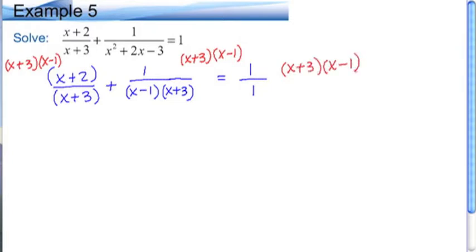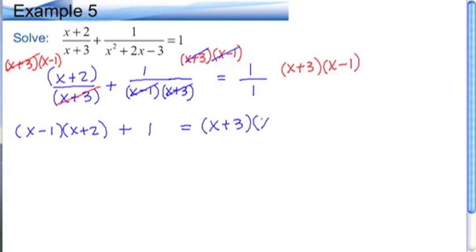Okay. Next, we want to simplify so that our denominators will disappear. This x plus 3 and this one cancel to 1, leaving us with x minus 1 times x plus 2. Plus, here, both of these cancel to 1, leaving us with just the positive 1. And that equals x plus 3 times x minus 1, since nothing cancels on the right side. Now all of our fractions are gone.